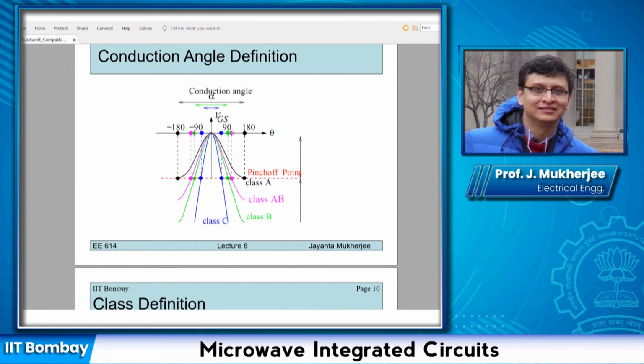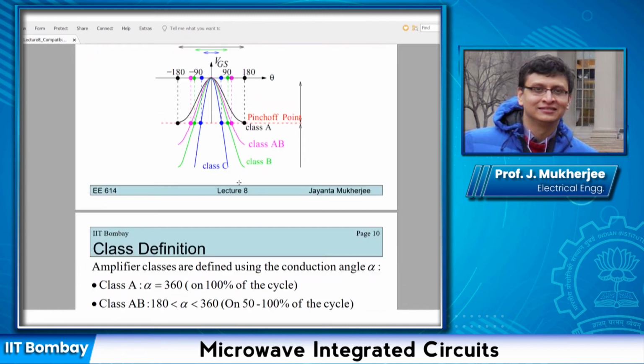Similarly, class AB is somewhere between 360 degrees for class A and the 180 degrees for class B. And for class C, it is less than 180 degrees. So once again, the range of phases for which the input voltage VGS lies above the pinch off voltage determines the class of operation of the amplifier.